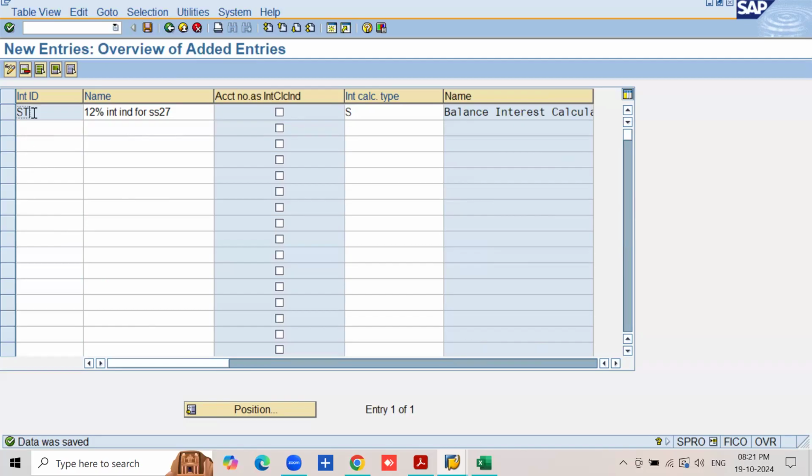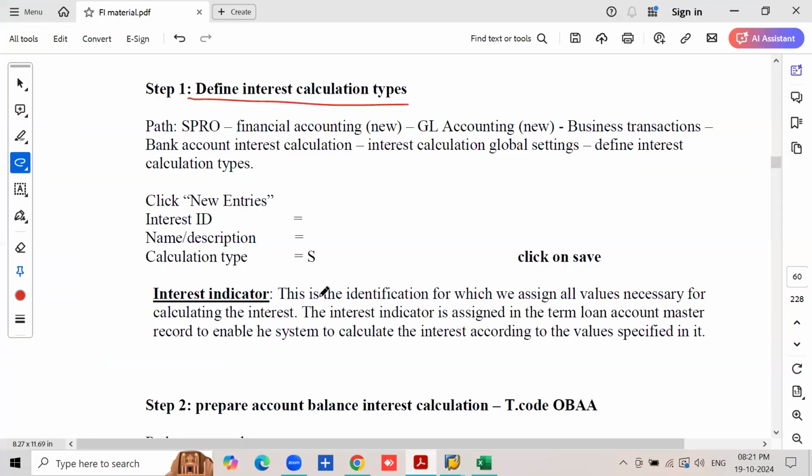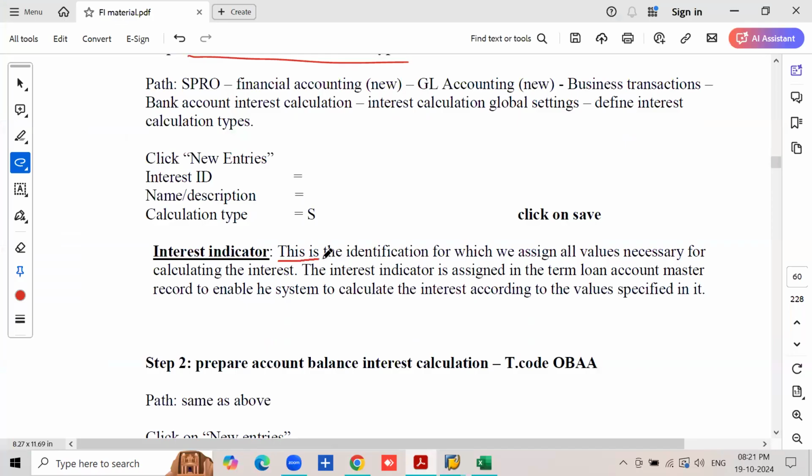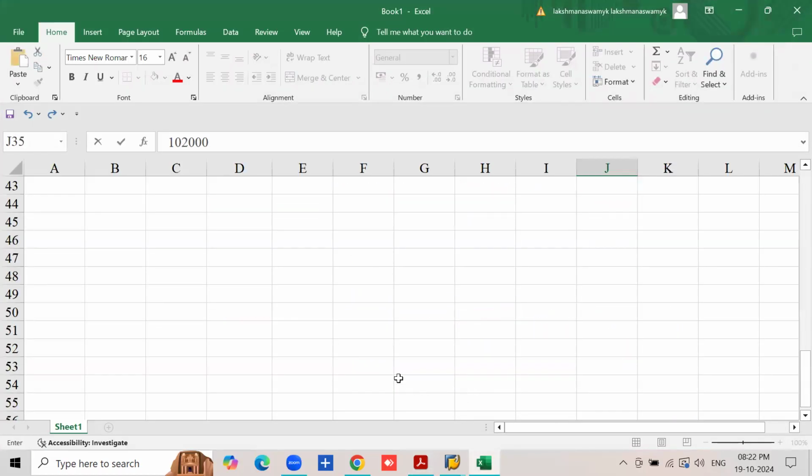So what is this interest indicator? This is the identification to which we assign all the values necessary for calculating the interest. In order to calculate interest, we require different values. Number one, rate of interest. Number two, frequency, whether the interest is to be calculated every month, every quarter or every 2 months.